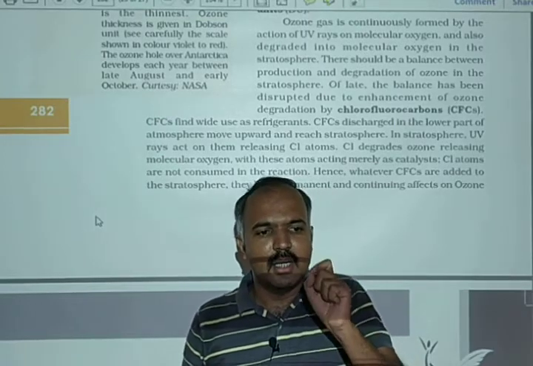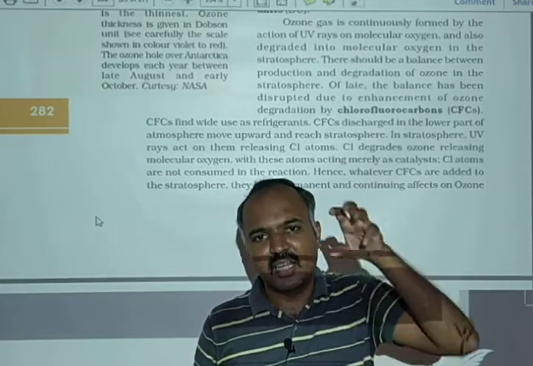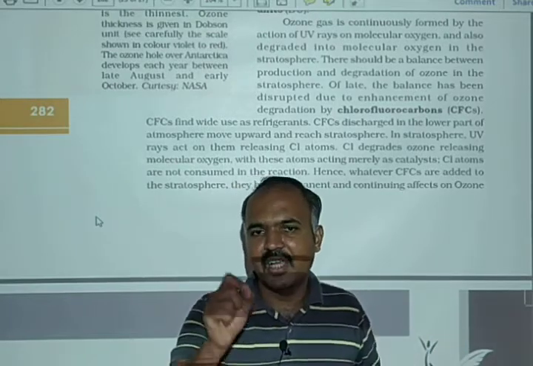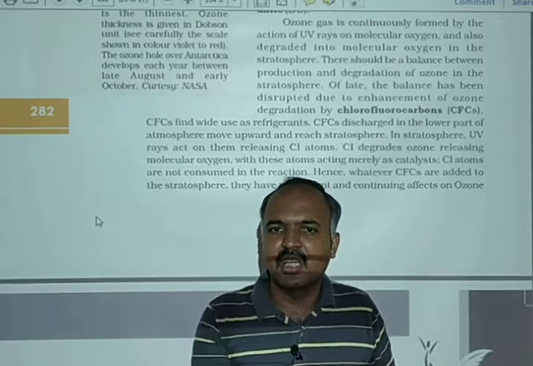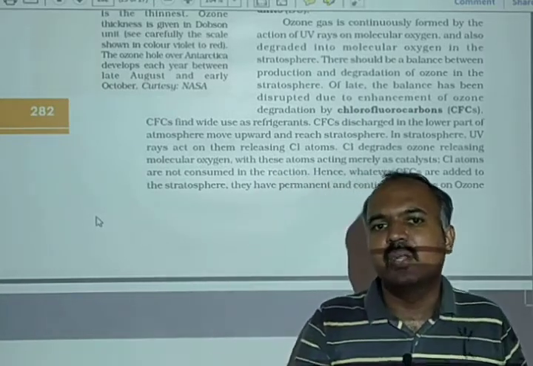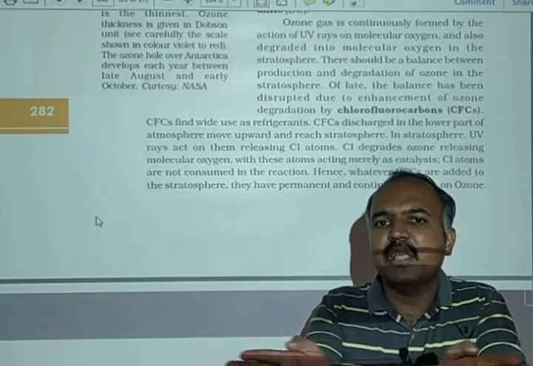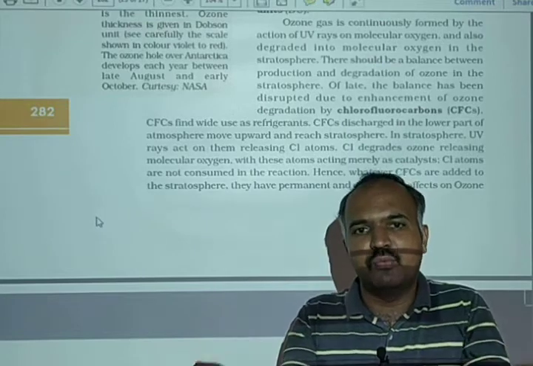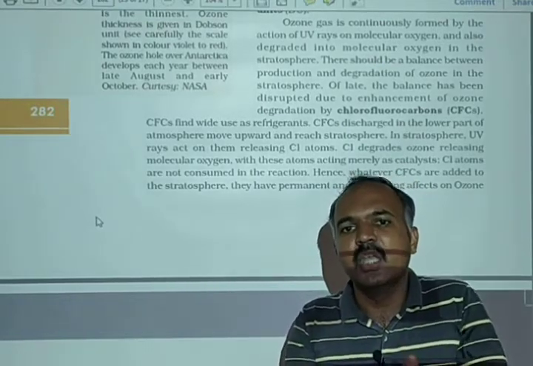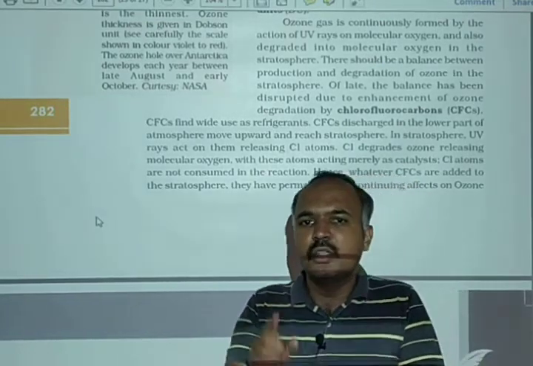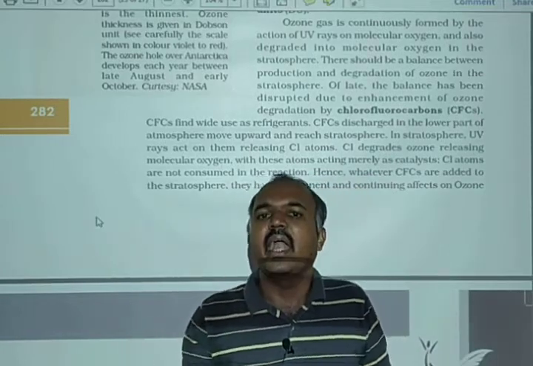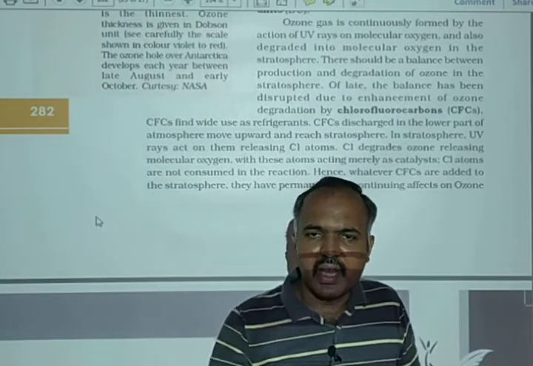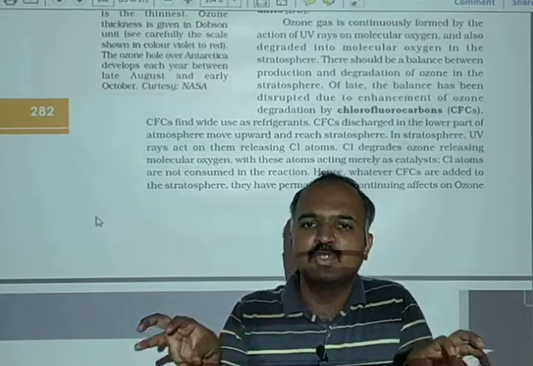First of all, the ultraviolet radiations that are coming from the sun act on the molecular oxygen, and they break molecular oxygen into two atoms of oxygen. Molecular oxygen is O2, and it is acted upon by UV rays, and it breaks into two atoms of oxygen.